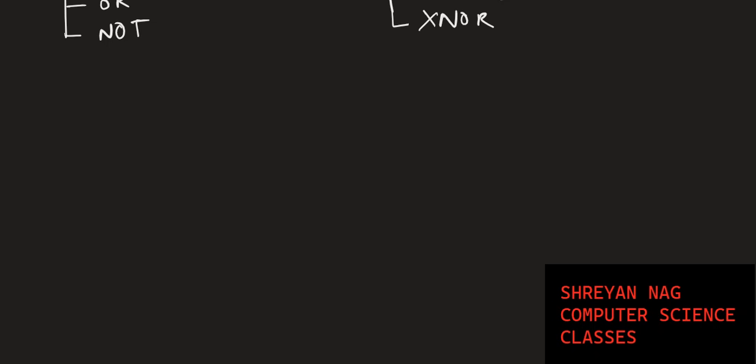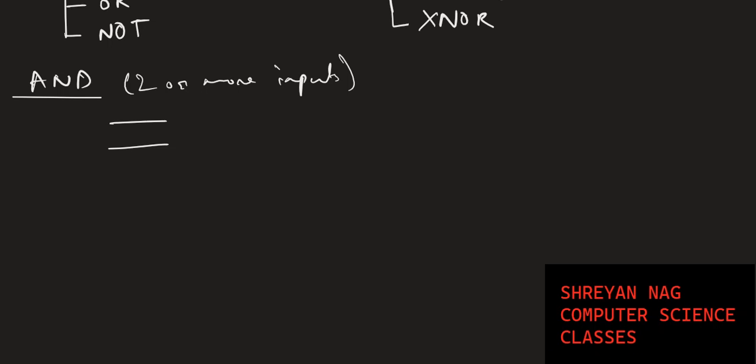Under fundamental logic gates, the first one is AND. The AND gate is represented by two or more inputs followed by this symbol. An AND gate has two inputs.